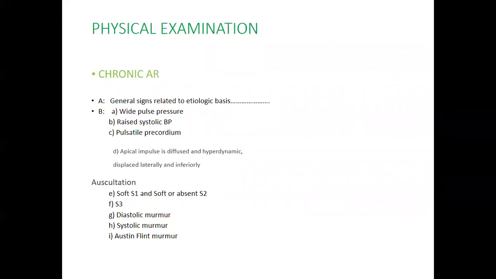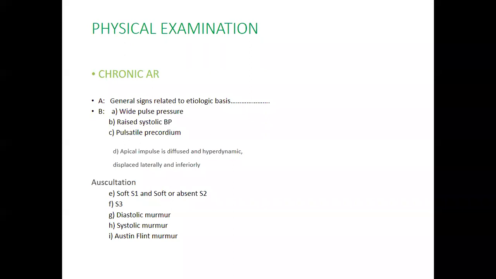Sometimes, due to the large volume crossing into the aorta with each systole, this behaves like a functional stenosis of the aortic valve, and you can have a systolic murmur in case of severe aortic regurgitation. These are the findings that can be seen in patients with chronic severe aortic regurgitation.